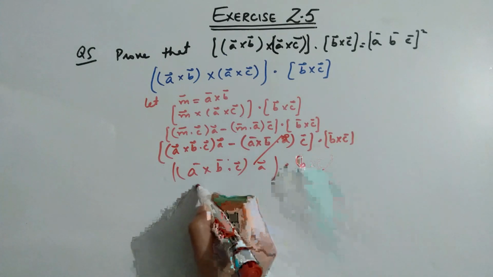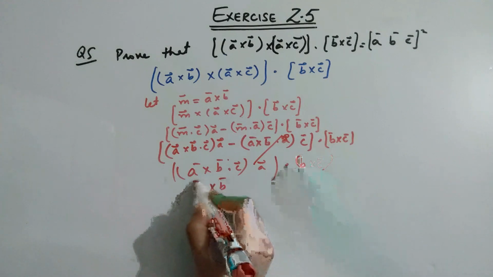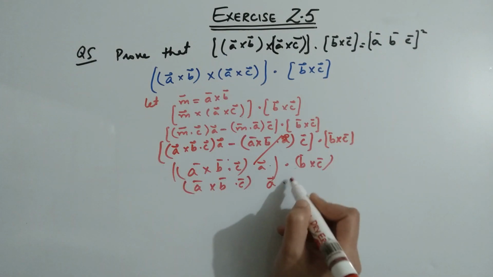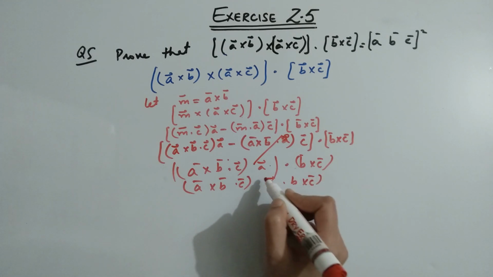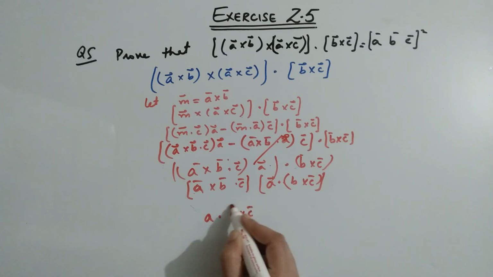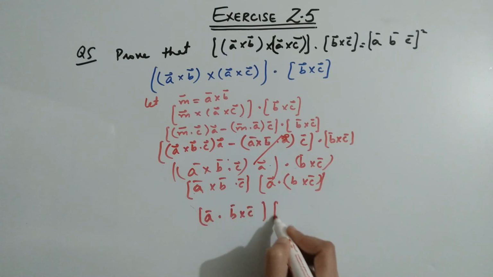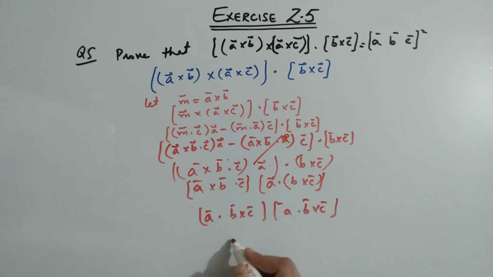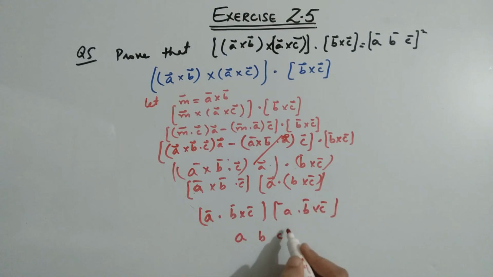You can also write it as (a cross b) dot c, and this will take dot with this a dot (b cross c). And this bracket can also be written as a dot (b cross c) and multiplied with a dot (b cross c) here. This will lead to [a b c] whole square.